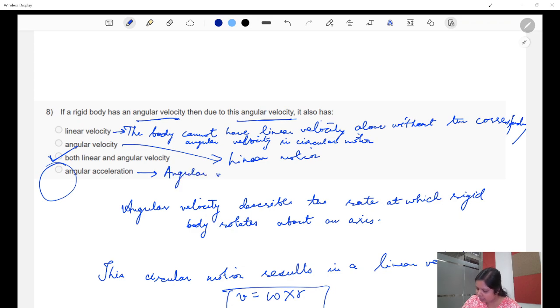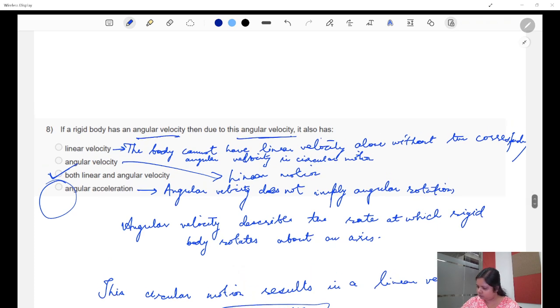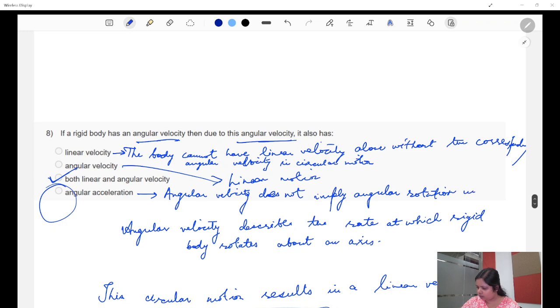A rigid body having angular velocity does not imply angular acceleration, right? Unless the rotation rate changes with time.